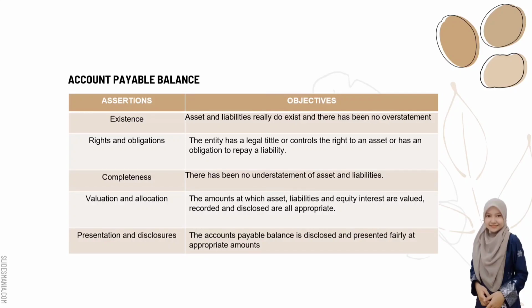For valuation and allocation, the amounts at which assets, liabilities, and equity interests are valued, recorded, and disclosed are all appropriate. The last one is presentation and disclosures. The account payable balance is disclosed and presented fairly at appropriate amounts.